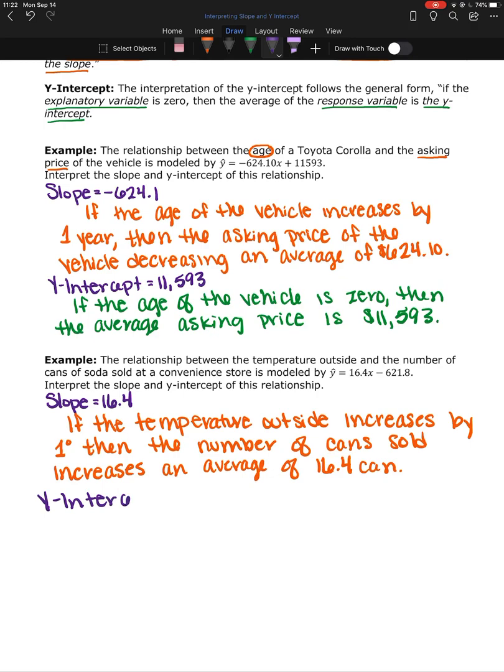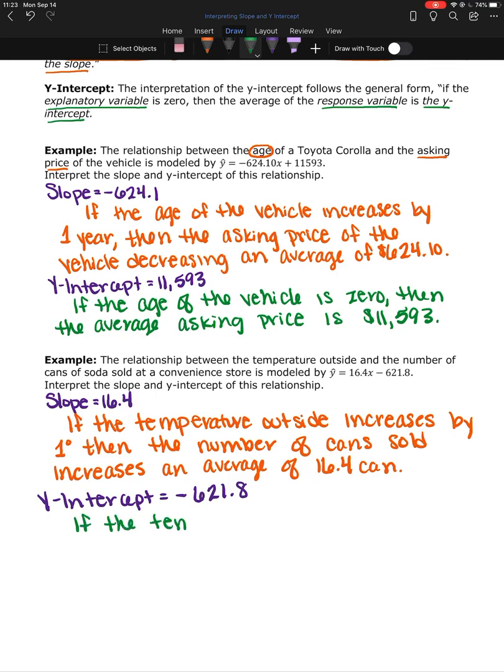The y-intercept is negative, because it's a minus sign, so you have to keep that minus with it, 621.8.